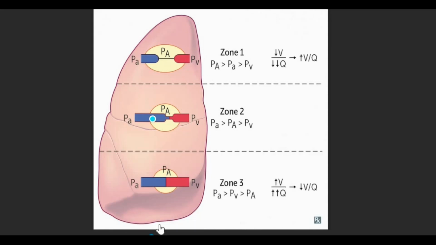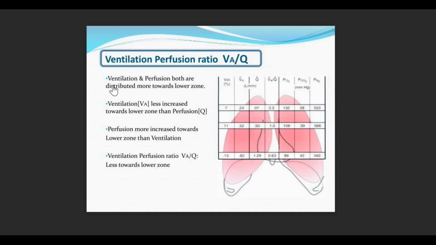And this is because the perfusion increases more than ventilation. So remember, ventilation and perfusion is not even, it's more towards the lower zone. And the ventilation is less increased towards the lower zone than perfusion. And the VQ ratio, which indicates the gas exchange, drops from apex to base.